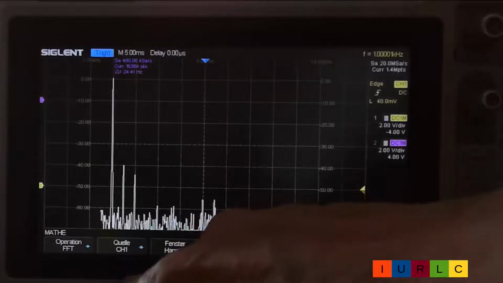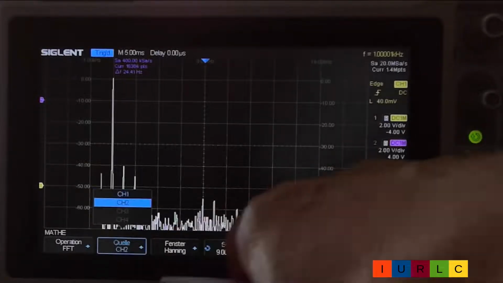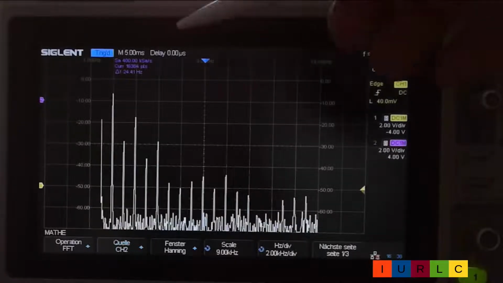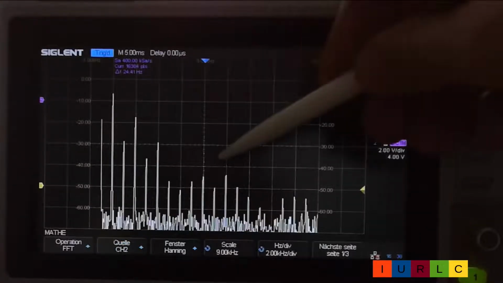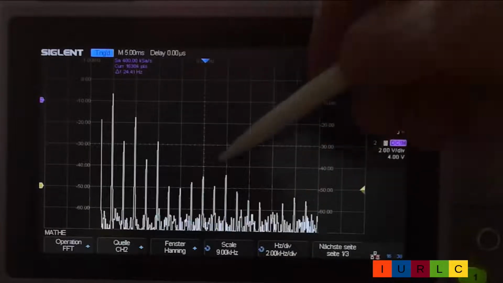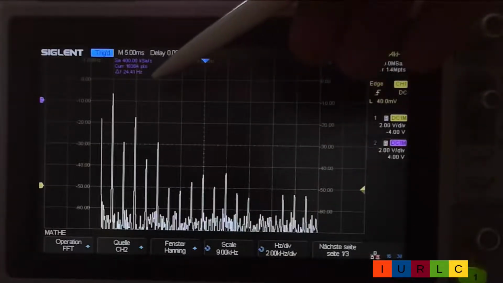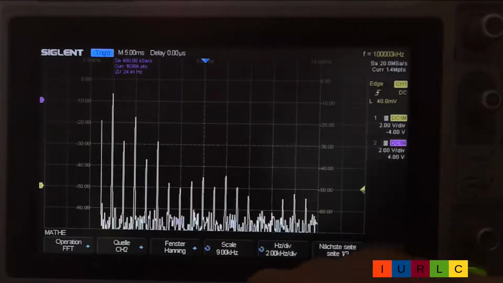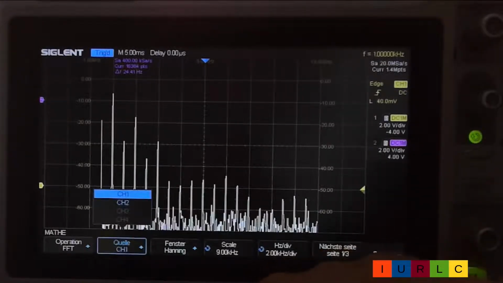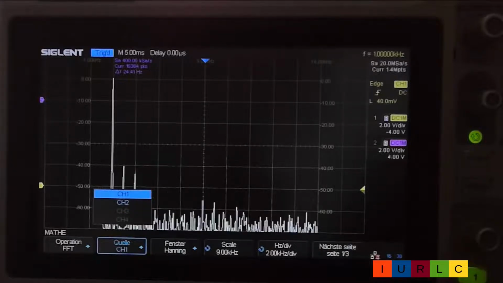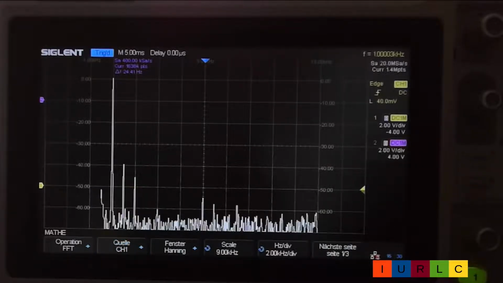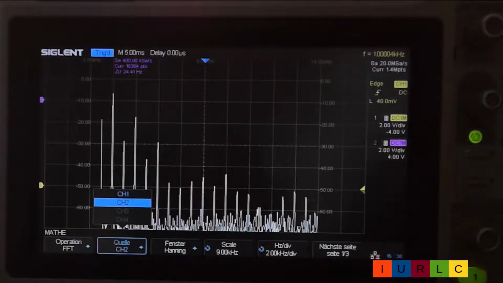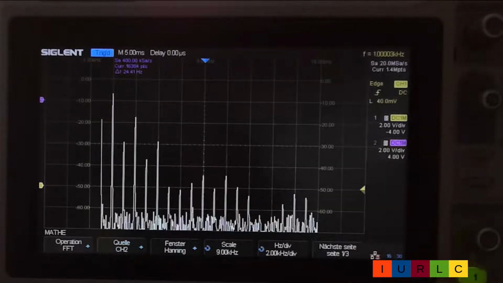I switch now over to channel 2, which is the output to the loudspeaker, and we see here that we have a strong number of loud harmonics, and this will cause this peeping sound. I switch back to channel 1, low harmonics on the input, and channel 2, strong harmonics on the output.